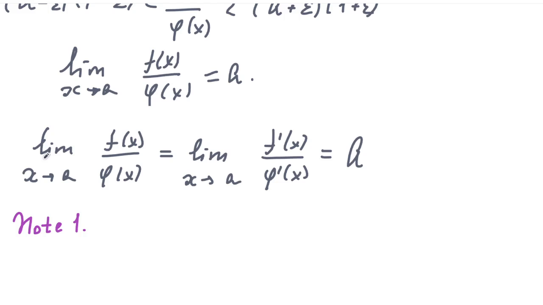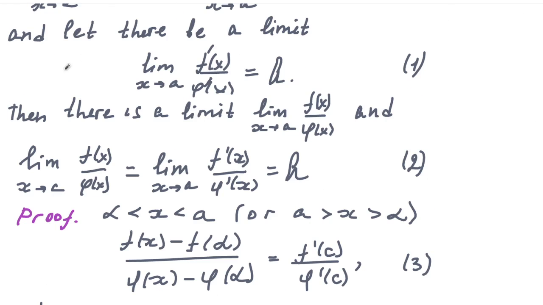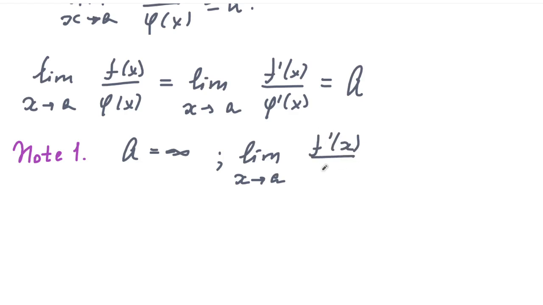If in premise 1 this expression 1, alpha equals infinity, that is, limit as x approaches a of f prime of x over phi prime of x equals infinity, then equality 2 holds.